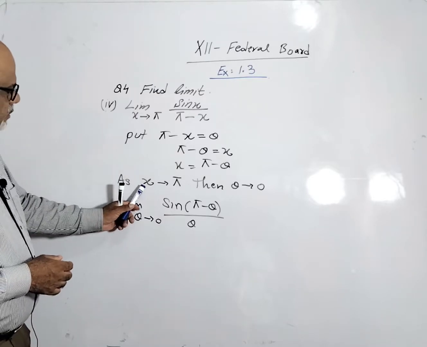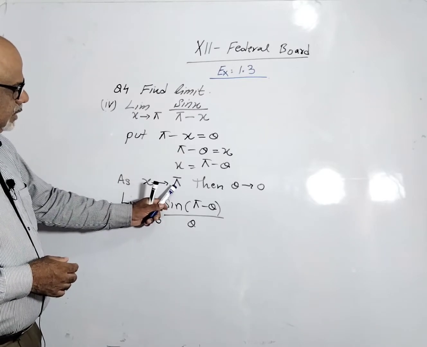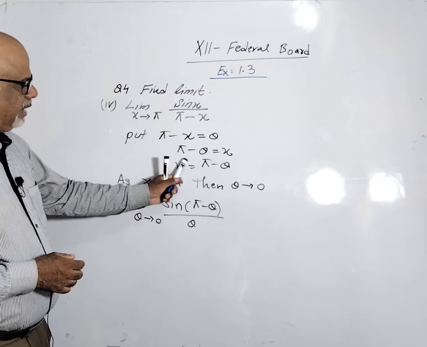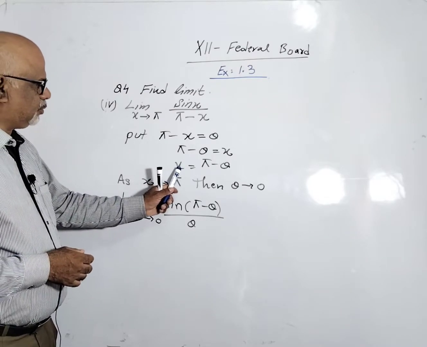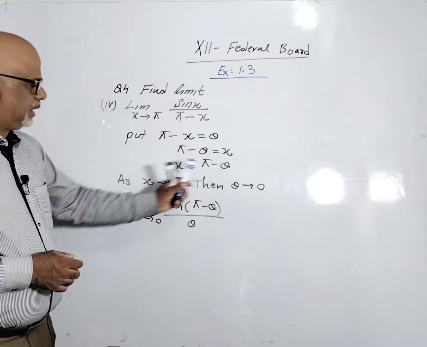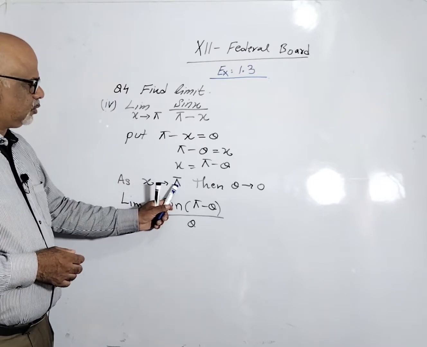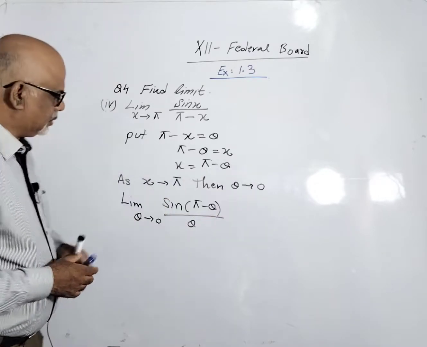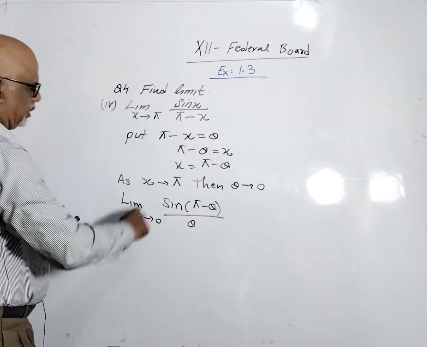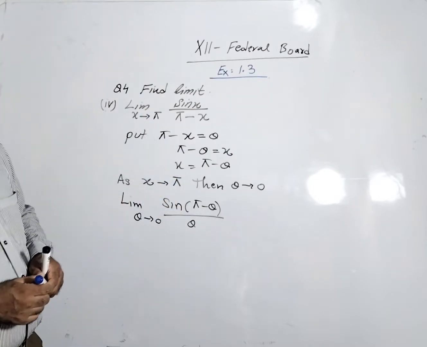Here, when x tends to pi, putting x equals to pi makes theta 0. That means when x tends to pi, theta tends to 0. So we have to convert this question into the form of f of theta.